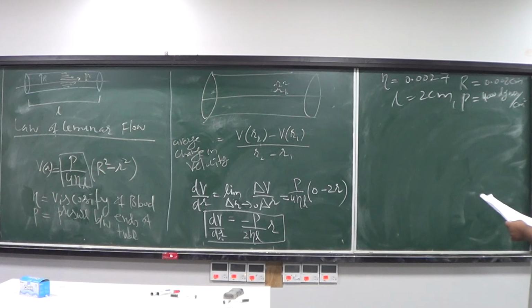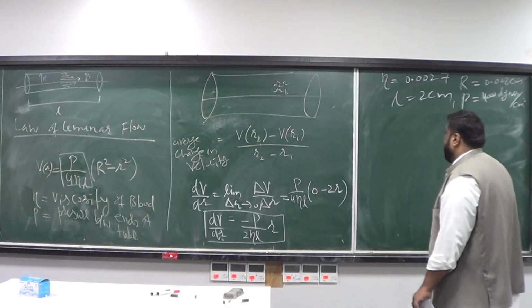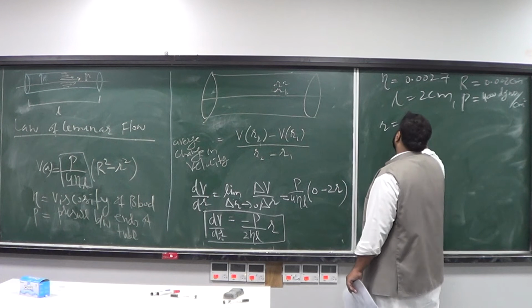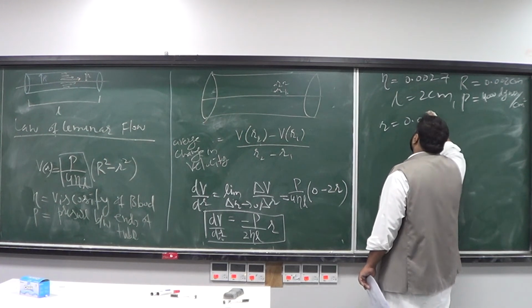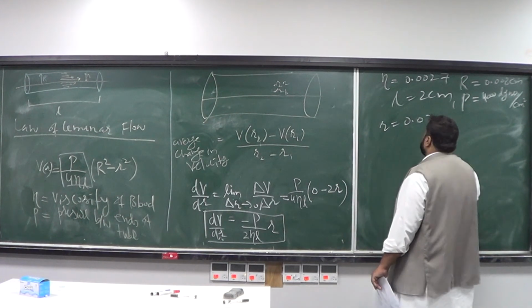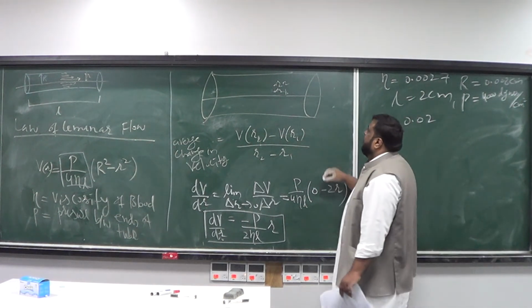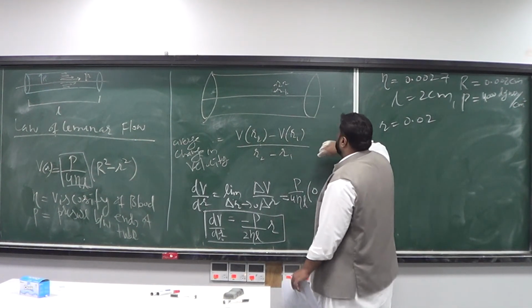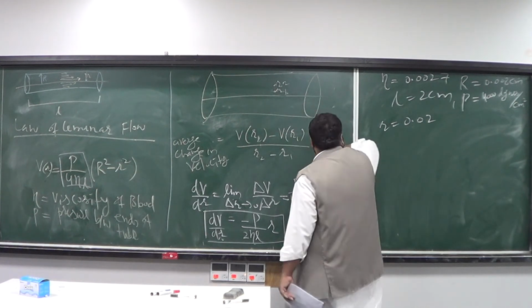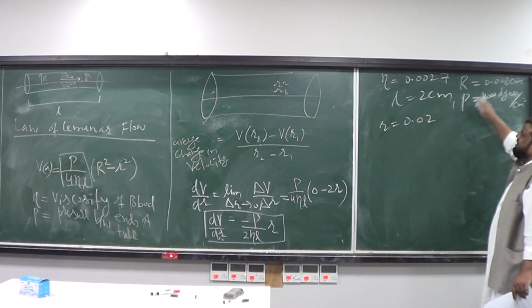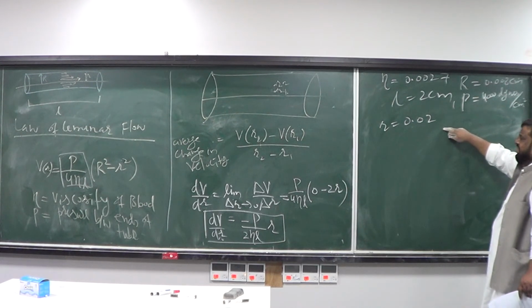Now, what would be the velocity of the particle at a distance, let's take r to be 0.02?